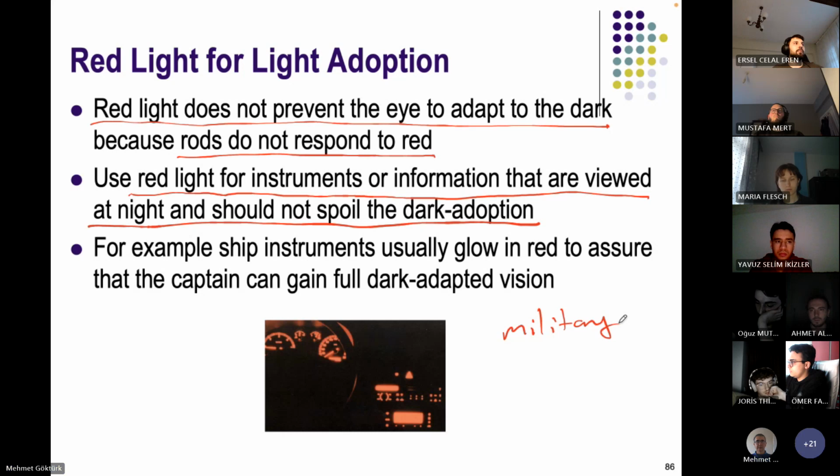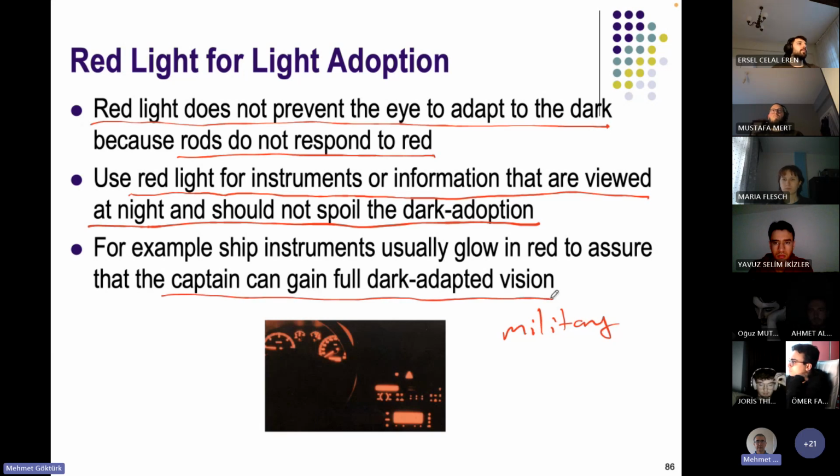In military, any kind of display for the vehicles or for the equipment that is used for the night must be equipped with red interfaces, because when you are looking at red interfaces, your night vision is not affected that much. If it is blue or white or green, then your retina should adjust. So the captain can gain full dark adapted vision if you have a red display.